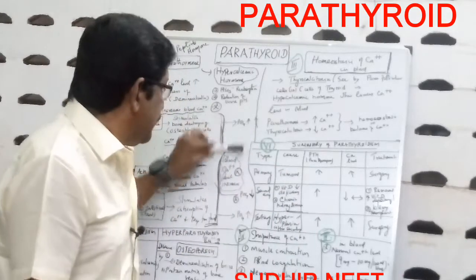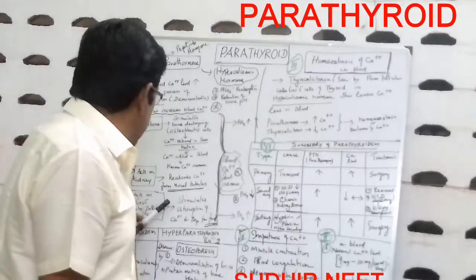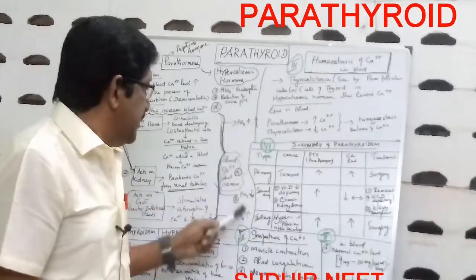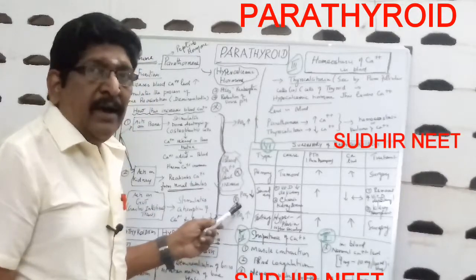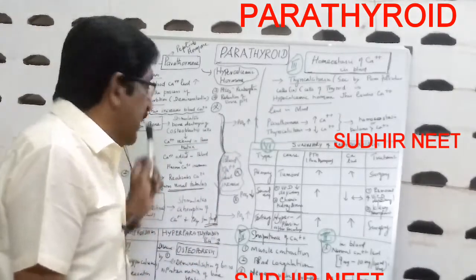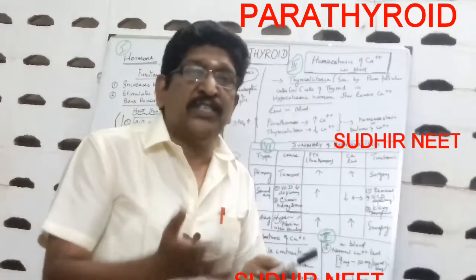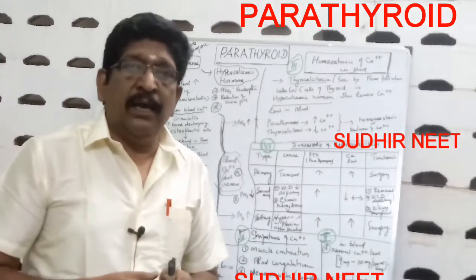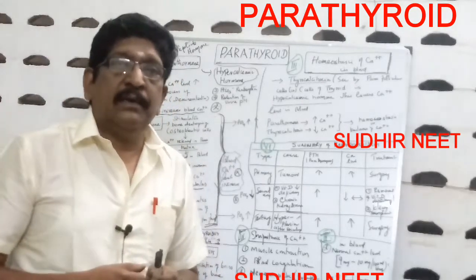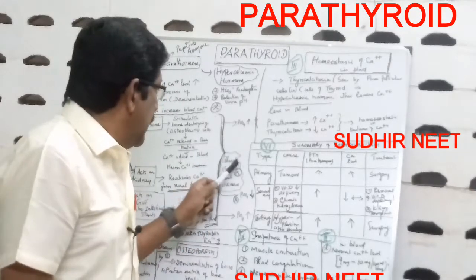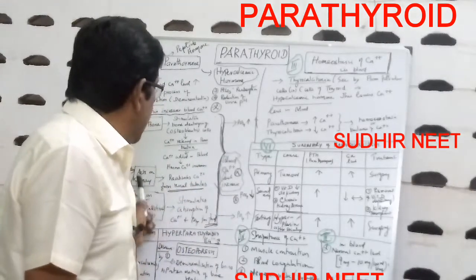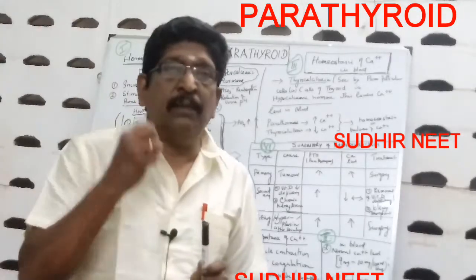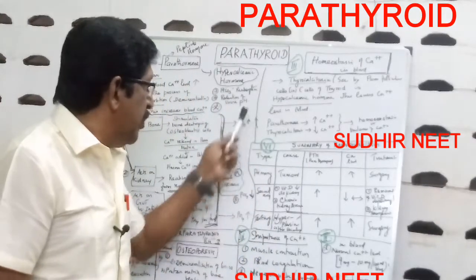If you see these three things, bone, kidney and gut, in bone and gut the phosphate level increases. When the hormone acts on bone and the gut, along with the calcium, phosphate is also reabsorbed, whereas in the kidney there is no reabsorption of phosphate. It's very important.